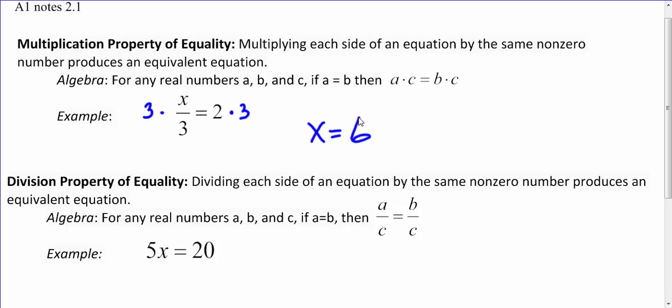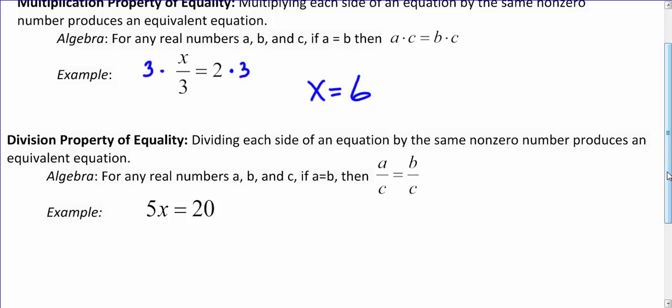And that would be the solution. The division property of equality works in a similar yet opposite way where you can divide both sides of an equation by any number other than 0, and you'll end up with equivalent equations. So you can see in the algebraic step it says if a equals b, then a divided by c equals b divided by c.